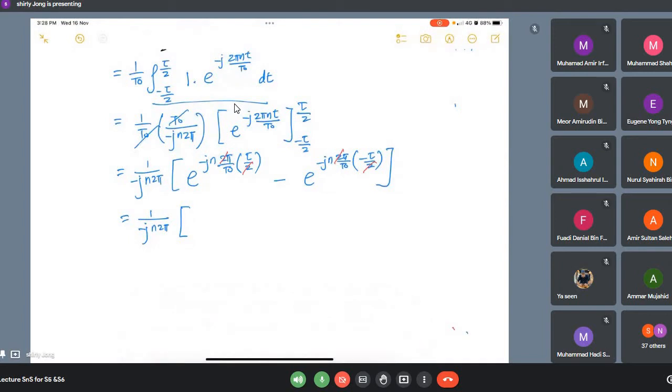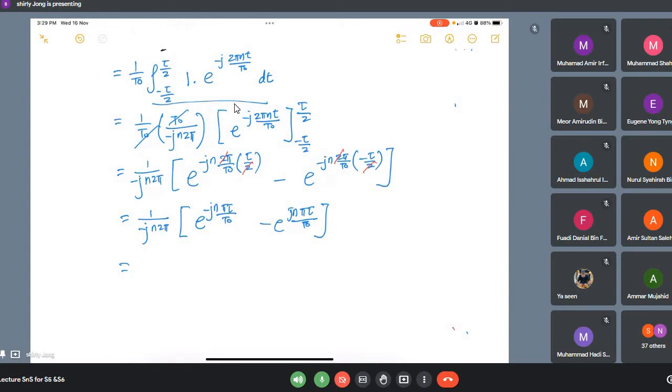So you left exponent minus j n pi tau divided by t naught minus j. So this negative and negative I can cancel out. I can obtain positive n pi tau divided by t naught. Okay, so this is the exponent.